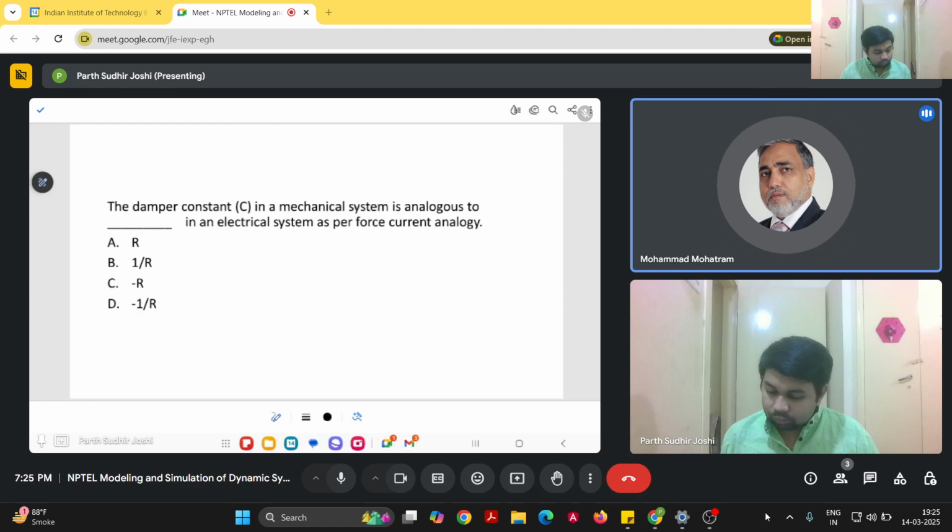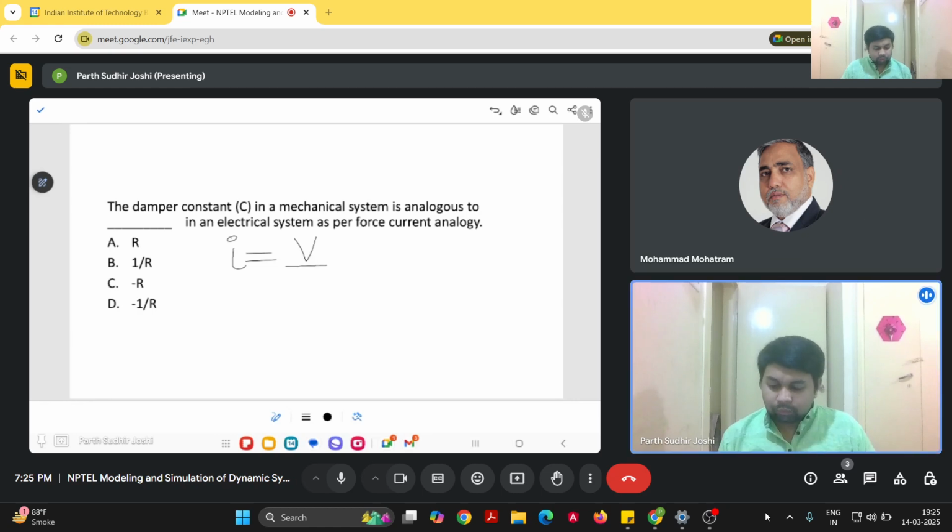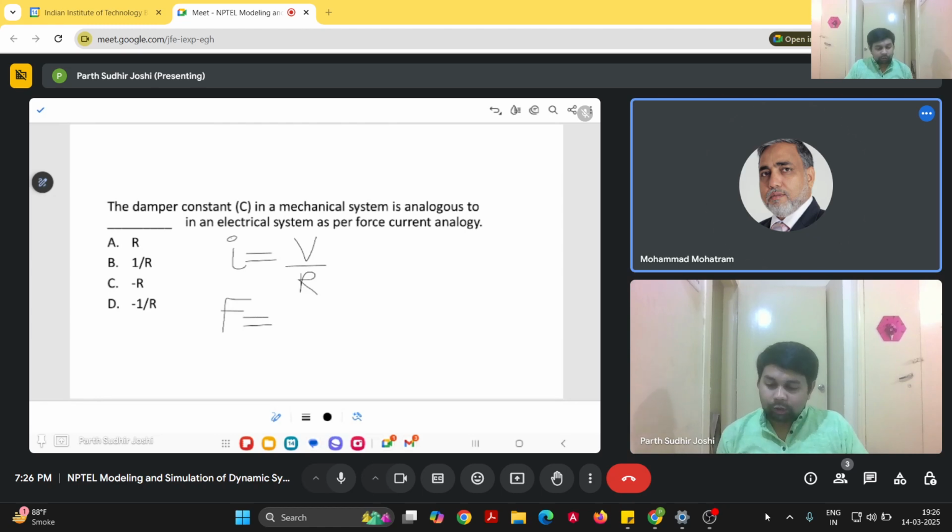I think in a force-current analogy, it is analogous to 1 by R. In electrical systems we write I is equal to V by R, and here we write force as, let us say, damping constant times x dot.